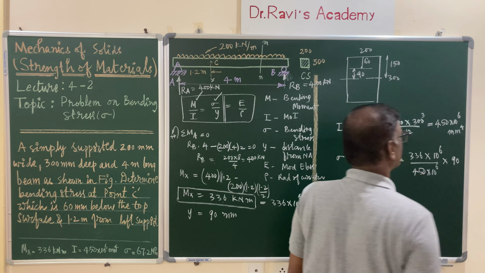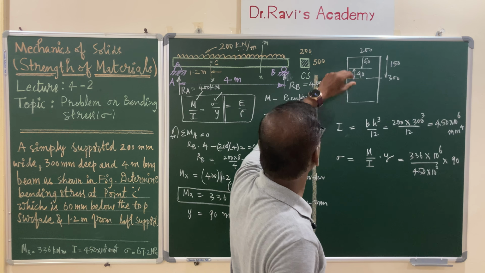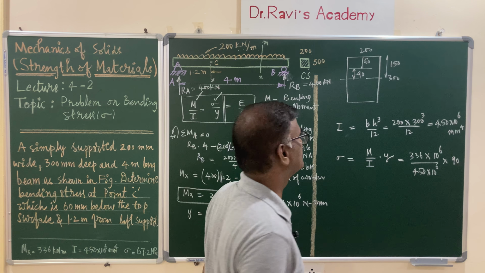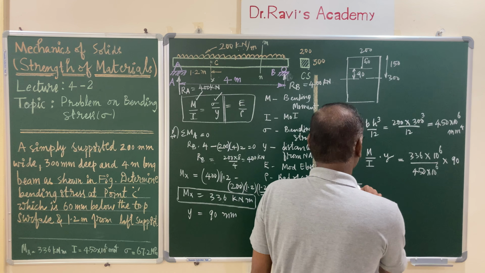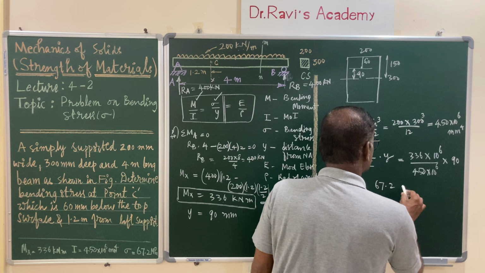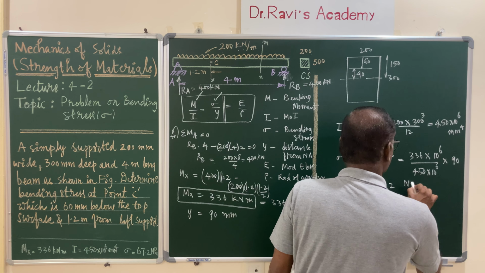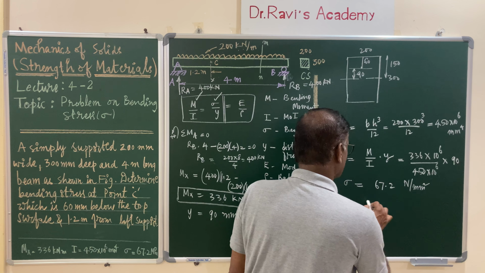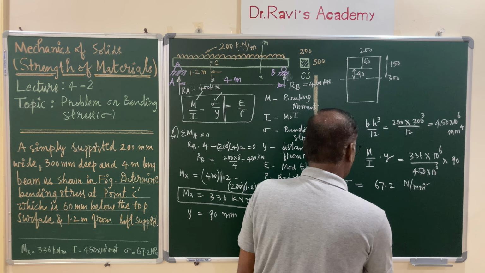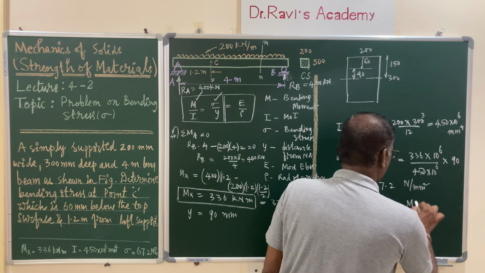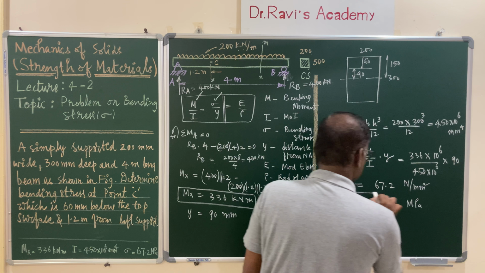That y value you measure from the neutral axis, because in the bending equation it is always measured from the neutral axis. If you calculate this, you get 67.2 Newton per mm square, that is the bending stress. You can also write sigma as 67.2 megapascals. This is the answer.